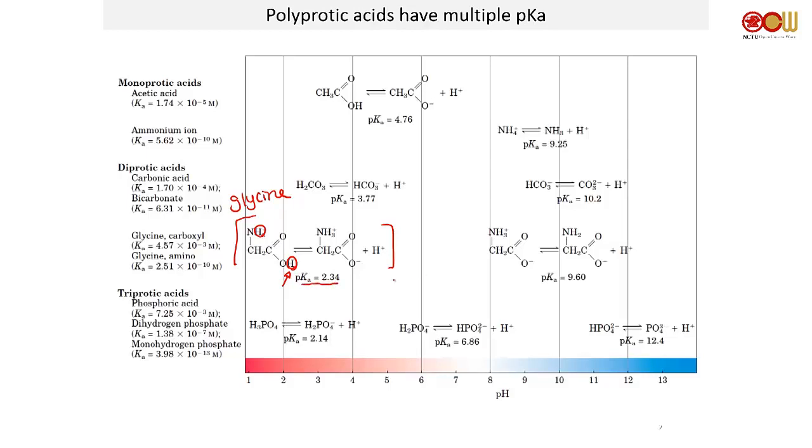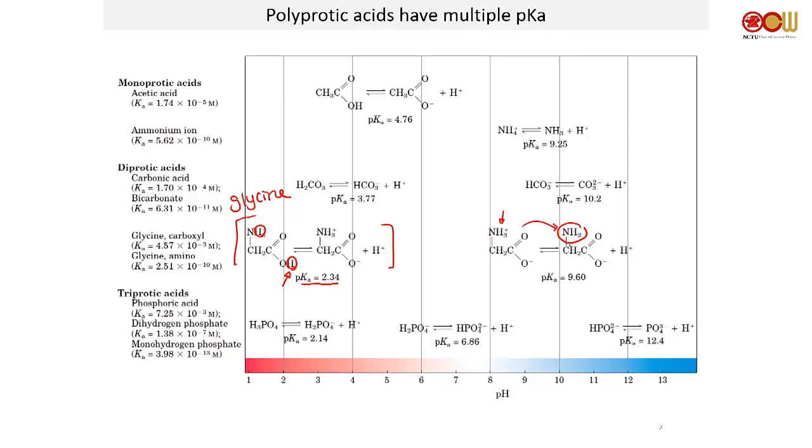And then as the pH increases, gradually when you get to alkaline enough, basic enough, then you are able to pull off this proton as well. And when you pull off this proton, it becomes NH2 instead of NH3+. So polyprotic acids, it's just a term that we give to acids that have multiple protons that we can remove.